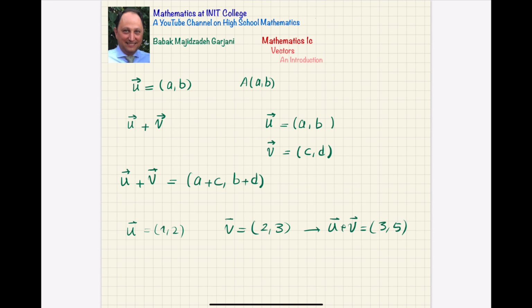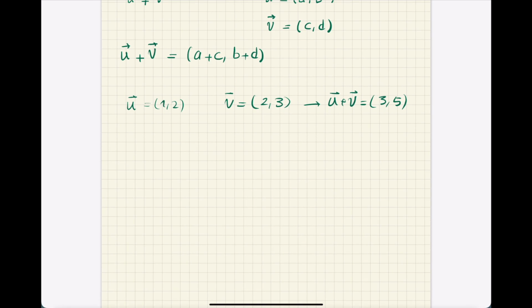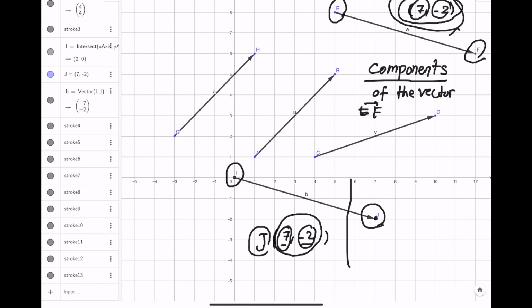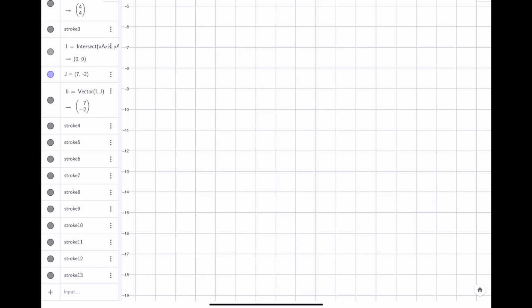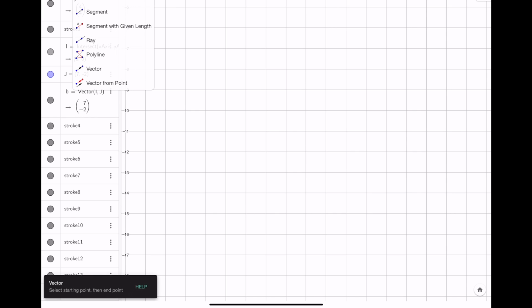Yes? So remember these two vectors. Let me go to GeoGebra and draw them. So 1 and 2, 2 and 3, yes? Let me try to move this a little bit higher. So I want to draw a vector 1 and 2. I go 1 unit to the right, 2 units up.